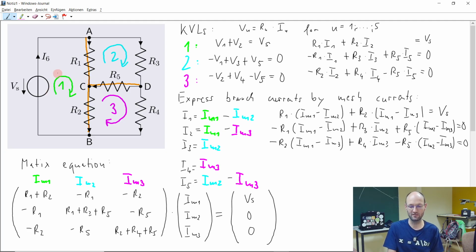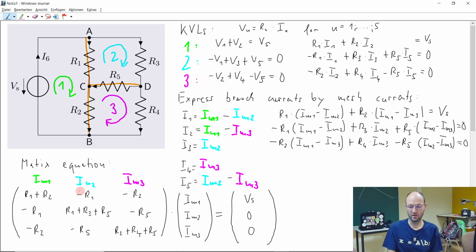If we would have selected this clockwise, and this counterclockwise, then this coupling resistor would be positive, for example, because then the mesh currents would point in the very same direction at this resistor. And because this and this are always opposing each other, that's why they're all negative.